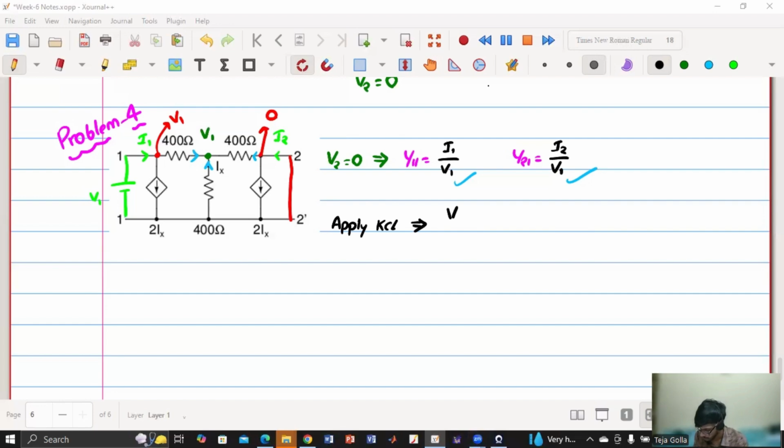I can promise. So this is V1, and let this be V2, because it needs to be a different voltage.